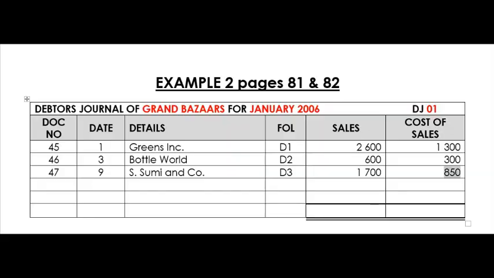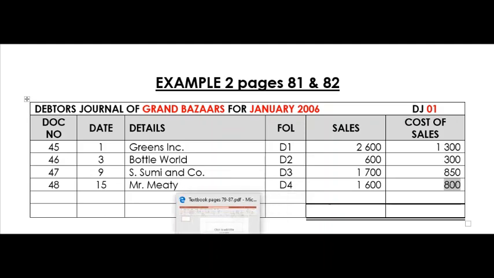Okay, so if we record this in the DJ, then the document will be invoice number 48. The date was actually the 15th. It was Mr. Meaty, who is debtor number 4. The total, if you say 32 Rand per kilogram multiplied by 50 kilograms, gives you 1,600 Rand. Cost price of that at a markup of 100% is 800 Rand.